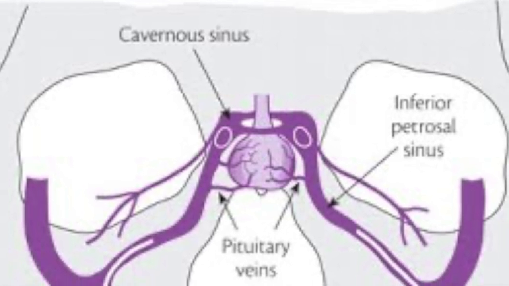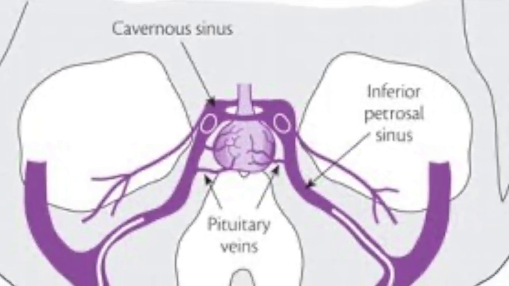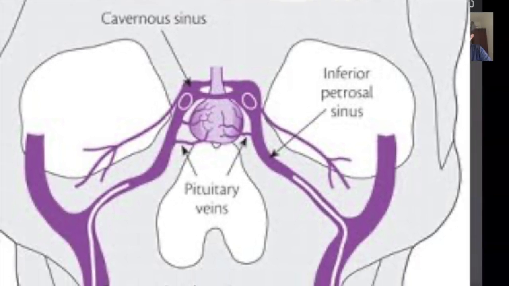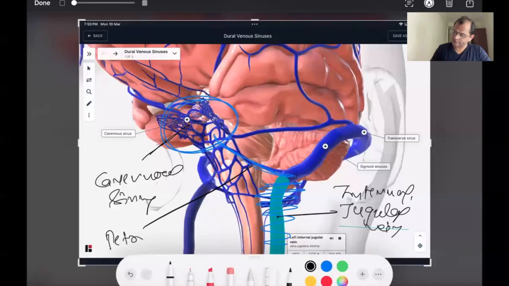There is one branch in between. This branch is called the petrosal sinus. So from the eyes, then the cavernous sinus, where we have the 3, 4, 5, 6 cranial nerves, then the petrosal sinus, and then the internal jugular vein.